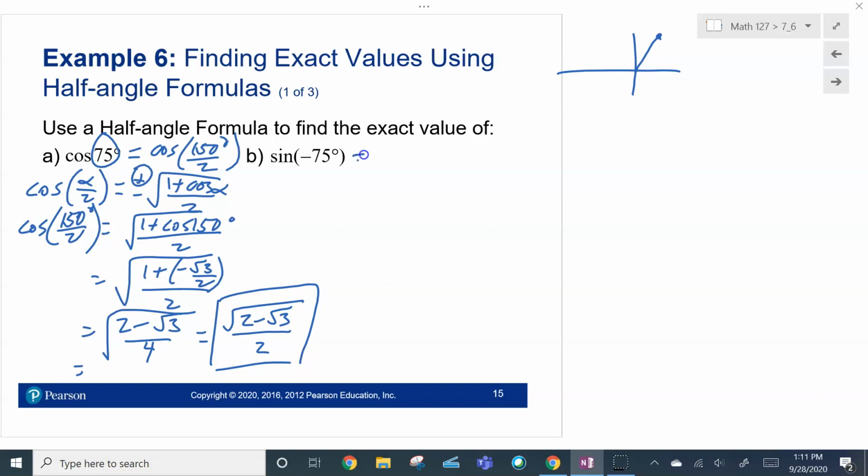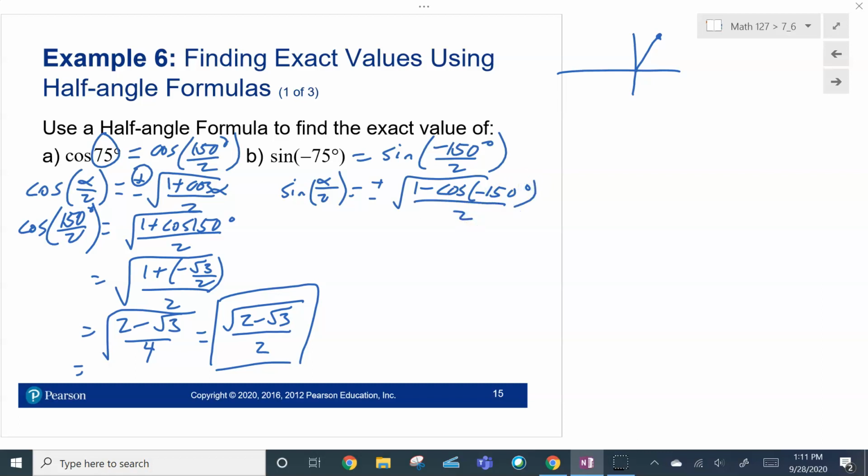Sine of negative 75 degrees. So I'm going to think about this as sine of negative 150 degrees over 2. And then I'm going to follow sine alpha over 2 equals plus or minus the square root of 1 minus cosine of negative 150, the alpha, all over 2. Now, negative 75 is right here, so my sine is negative there, right? So I have to think about where that's at.